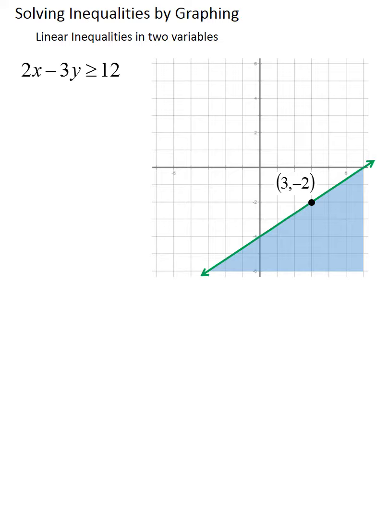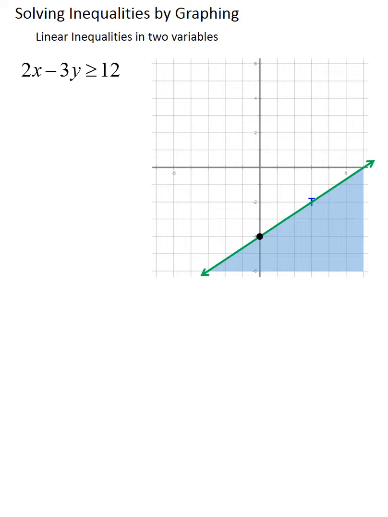If we were to plug 3, -2 into the inequality and do all the arithmetic, something interesting would happen. We would get 12 on both sides. But 12 greater than or equal to 12 is a true statement. So that particular point on the line is true. Let's pick another point on the line and see what happens.